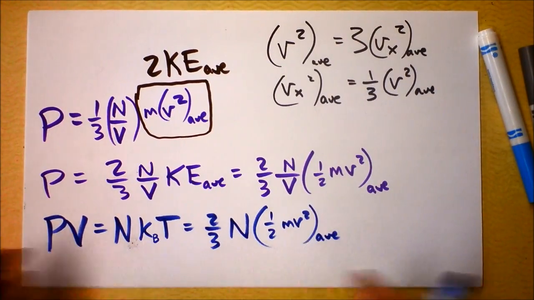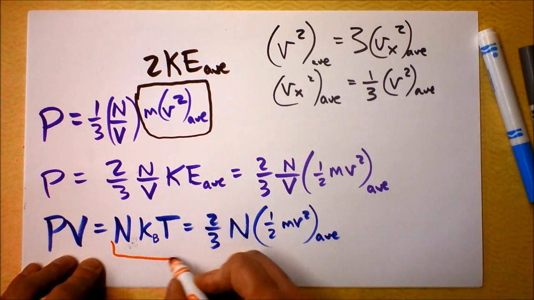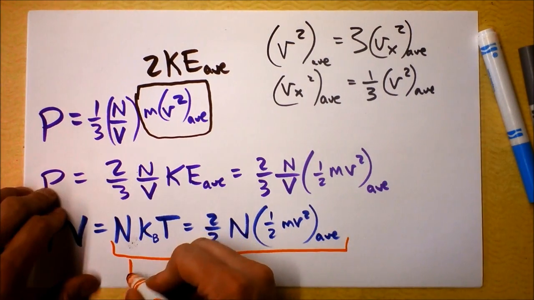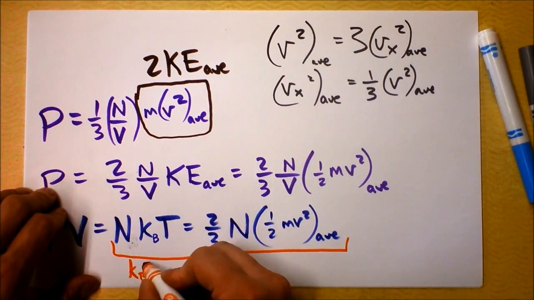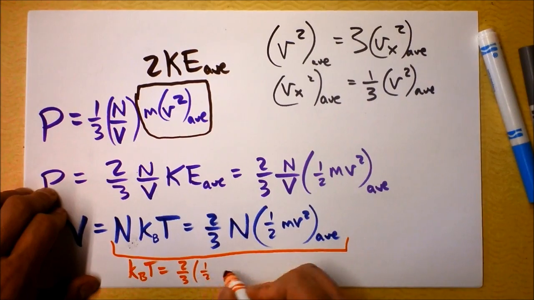But look at these two N's right here. I'm going to take this equation right here and look at it in just slightly more detail. KT, Boltzmann's constant, times the temperature of the sample is equal to 2/3 times the average kinetic energy of a particle.